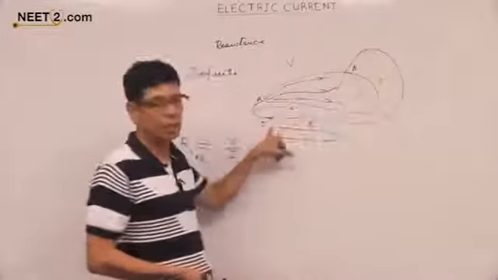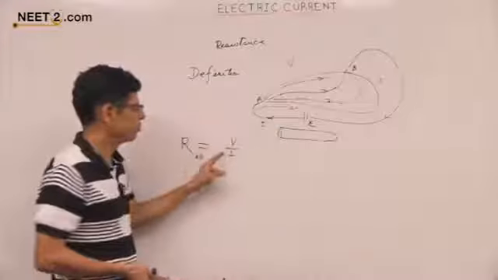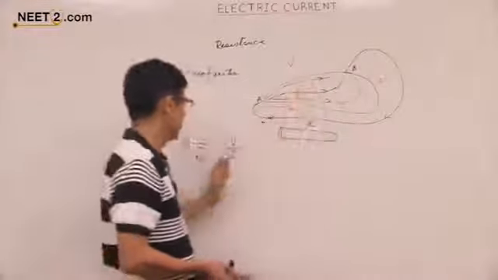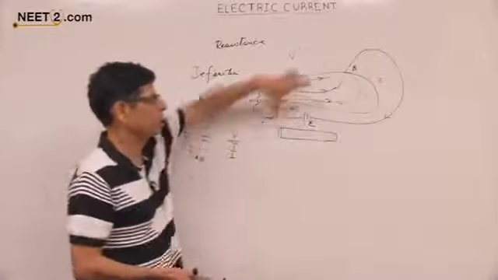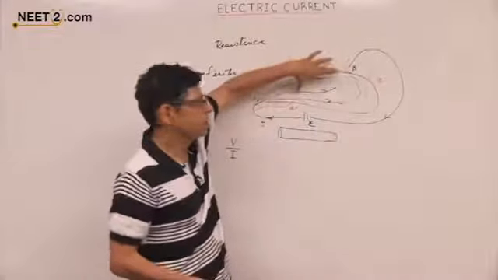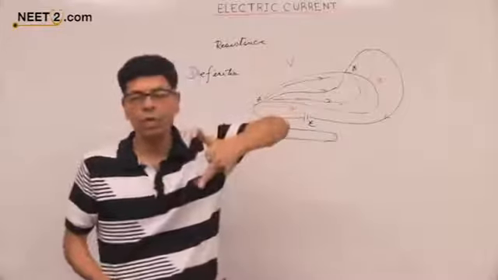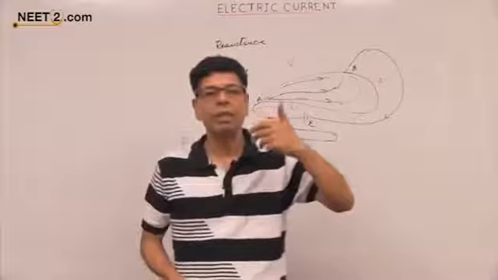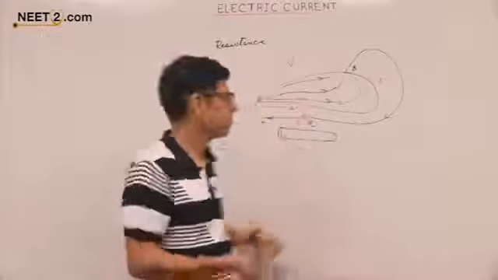The current would now change and the resistance would therefore change, because if I have used the same potential difference, then with the current having changed, the resistance would change. So there's nothing like resistance of an object. There is only a thing like resistance of an object between 2 certain points.